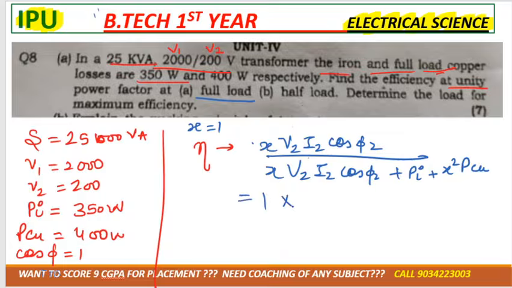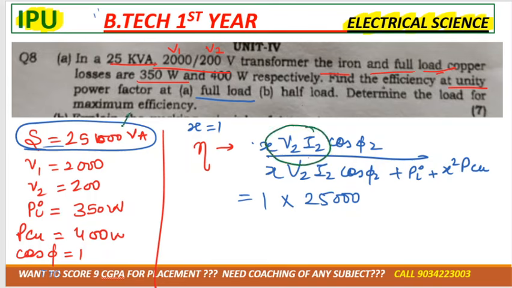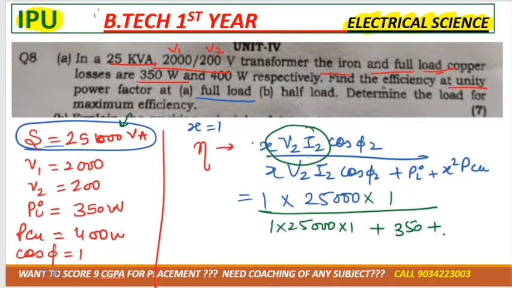V2 I2 is the apparent power, so we can directly write 25,000. There is no need to calculate current. Whenever they give you the apparent power, directly write down the value. Cos phi is 1, so 1 into 25,000 into 1, plus Pi is 350, plus copper losses 400, multiplied by 100, right? So this is the efficiency for full load.